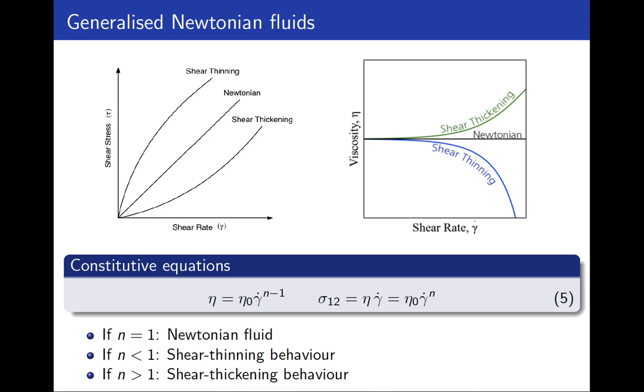This behavior happens a lot in some cases. Some very basic example. The most common example is a mixture of cornstarch and water. So I will actually show an experiment where I illustrate the shear-thickening behavior at the end of this video. So please stay around if you are interested in seeing this behavior in daily life.